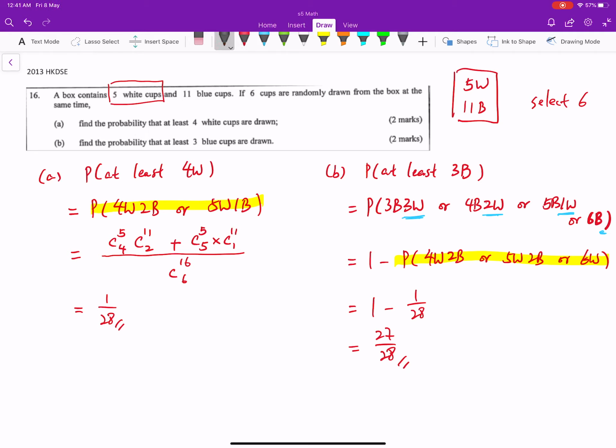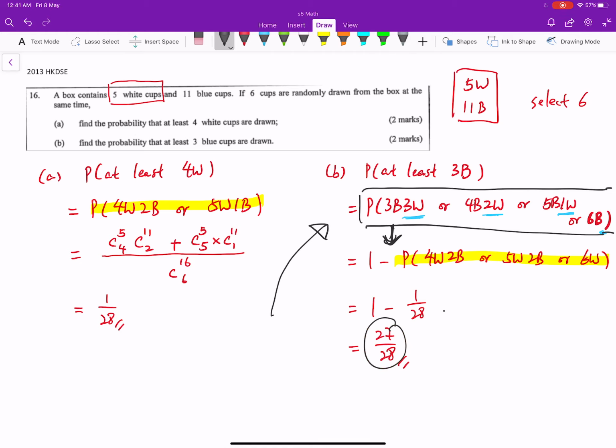But sure, in this question, this relation is quite difficult to observe, so I won't object to you using the other method to find the probability directly. Or if you are not sure about this relation, after you get this answer, by 1 minus this, you can also use the other one to find the probability once again, and then you double check the answers to make sure you get these 4 marks.